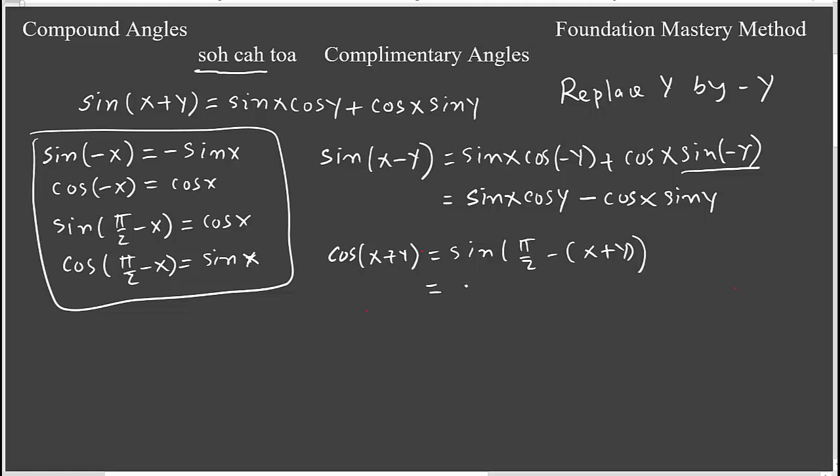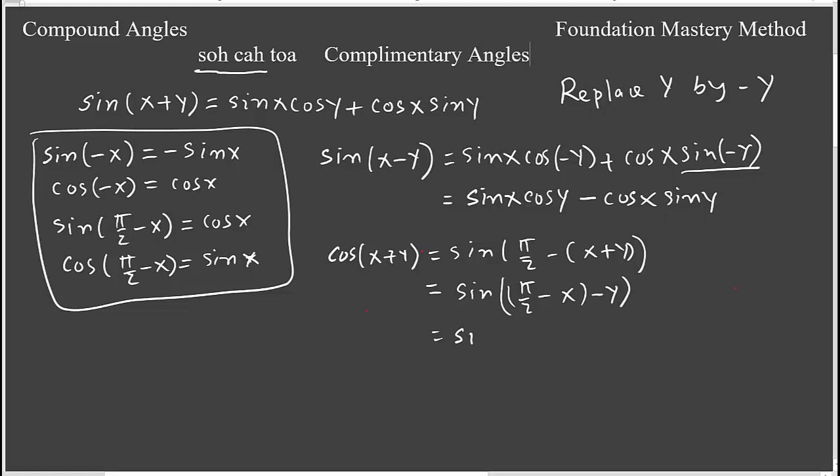Now we want to split this like this: sine of pi by 2 minus x is one part, and then negative y is another part. So then this is sine of a difference, sine x minus y, and we can follow from this. We'll be replacing x by pi by 2 minus x here, and keep y as it is.